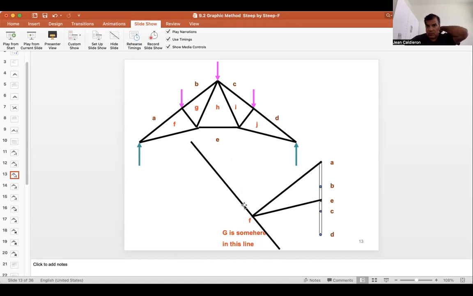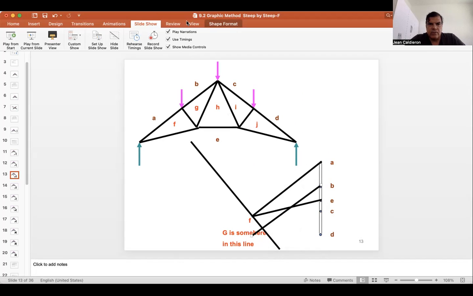Well, in order to do that, you look at what other element you have with the same name, and the one that I have is BG. Well, I take BG, I start in B, I extend the line with the same inclination, okay? And in the place where GB touches GF, the two lines touch, that is G. Well, we discover G in this particular point now.